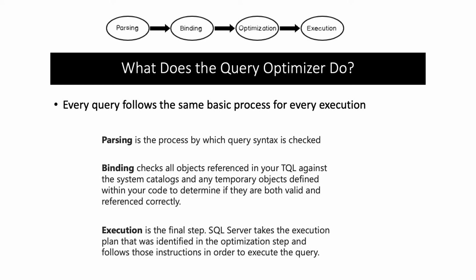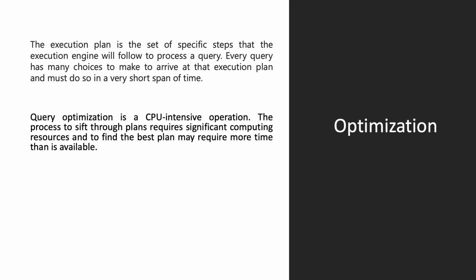The fourth is execution. Execution is the final step. SQL Server takes the execution plan that was identified in the optimization step and follows those instructions in order to execute the query. Optimization: the optimizer operates similarly to a chess or any computer game.